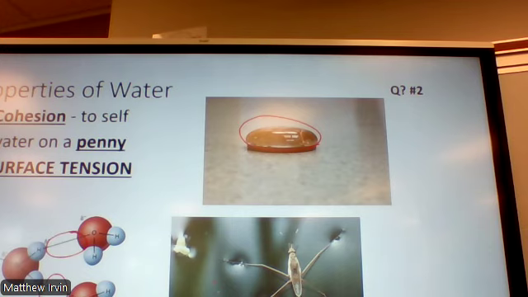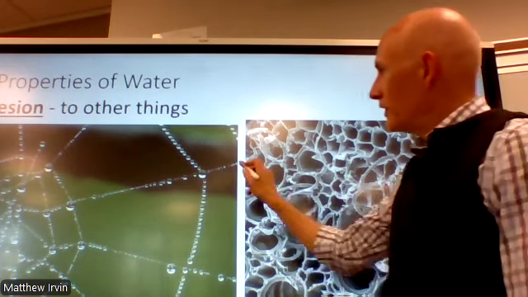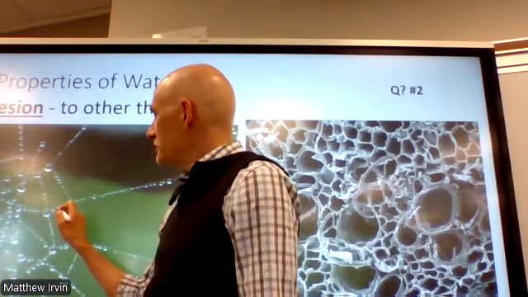In and of itself, cohesion isn't super important for life, but it does work hand in hand with adhesion, which is water sticking to other things. So adhesion, so we see here that we've got a spider web, which is made up of protein.